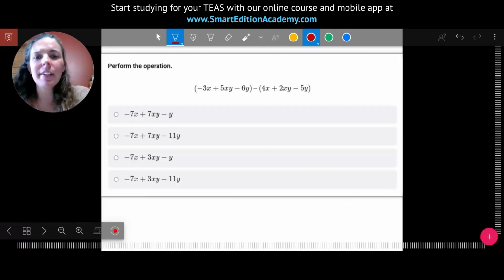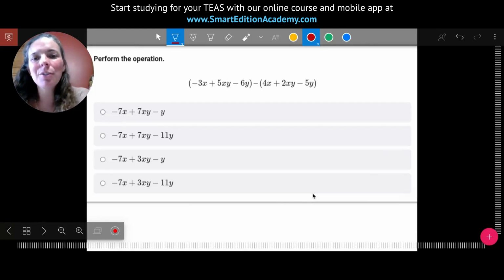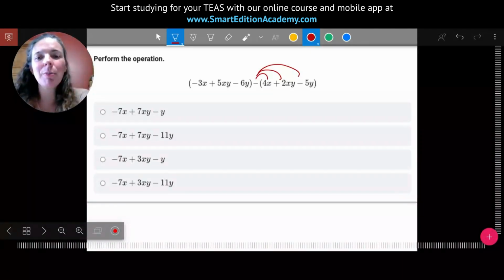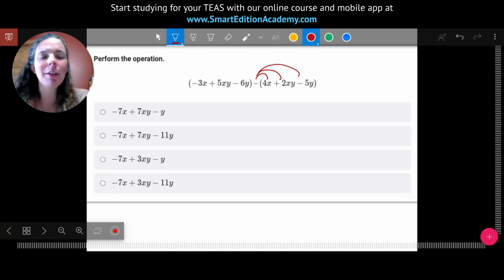Okay, you guys think you want to try one on your own? I'll give you a moment to just distribute that negative sign, and then you can work towards combining like terms. You want to make sure you distribute that negative sign first, and then we can combine like terms.